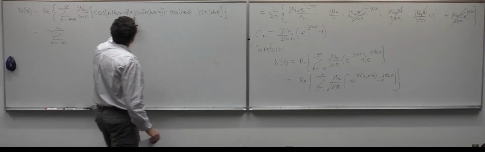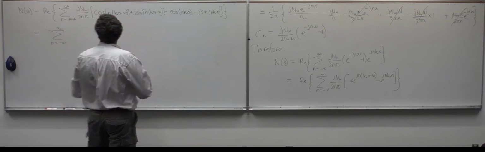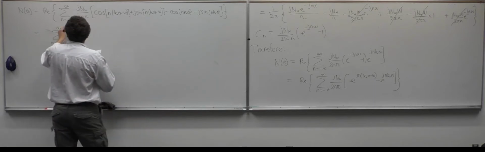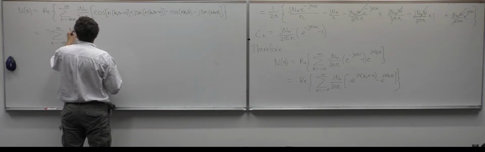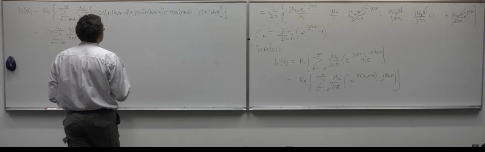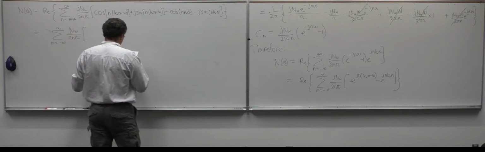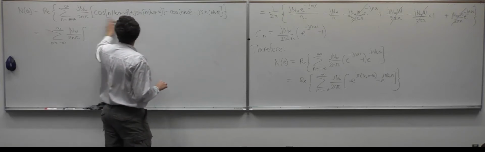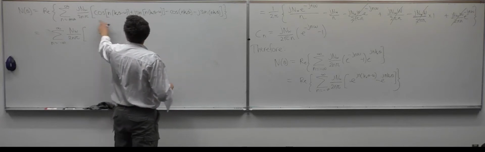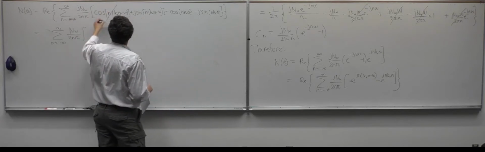J times j, that becomes real, so that one exists. So the j times, so this one doesn't exist.